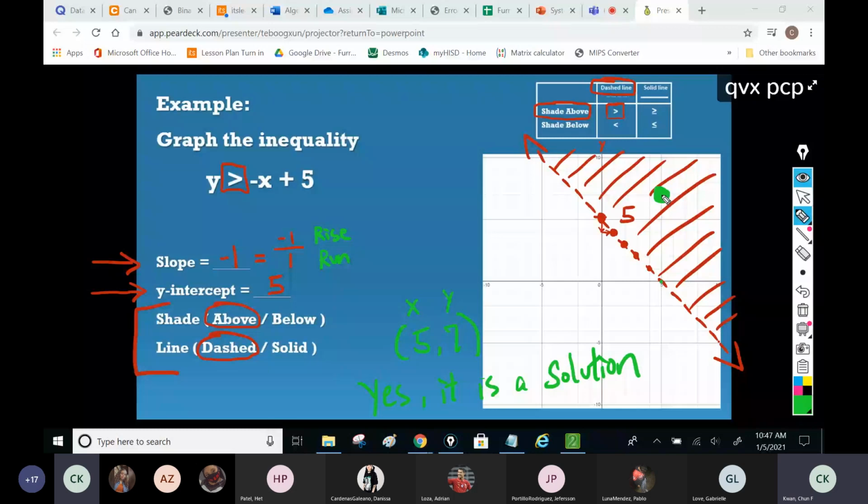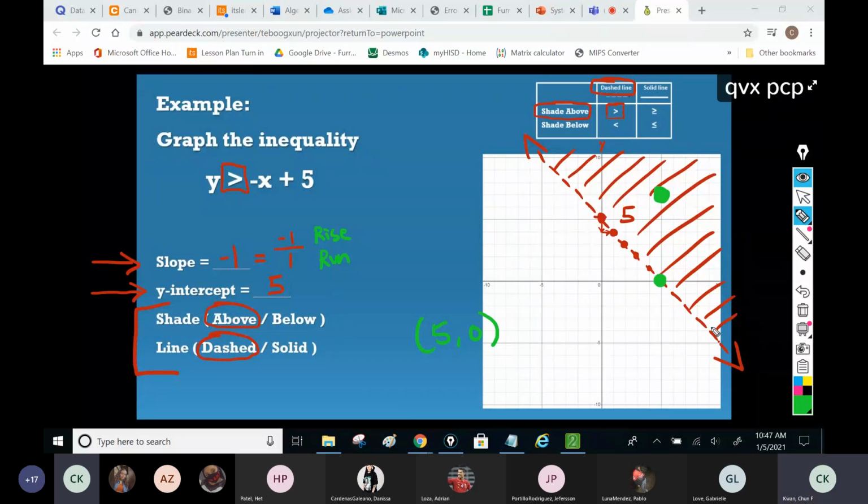All right. But what if I'm asking you something that is on the line? Let's just say I'm going to ask you something that is like right here. This is 5 and 0. If it's on the line, you have to check if it's a dashed line or a solid line.